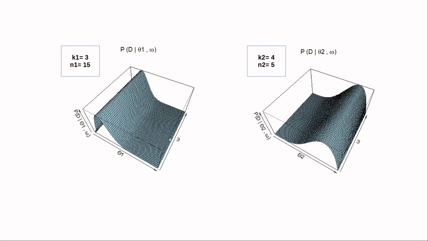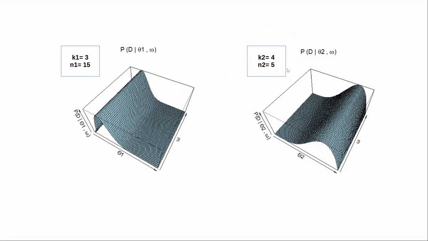So in the one group of patients, we looked at 15 patients, and 3 of them got healed. If you look at this likelihood distribution, so that's the probability of the data given the parameters theta 1 and omega, we see that because only 3 of 15 got healed, this distribution is at low values of theta 1.